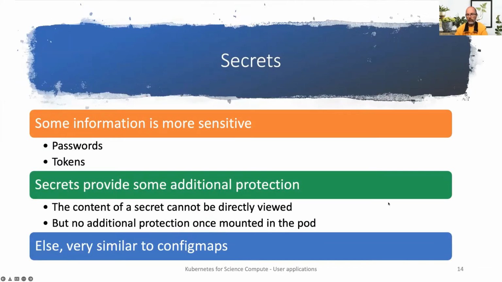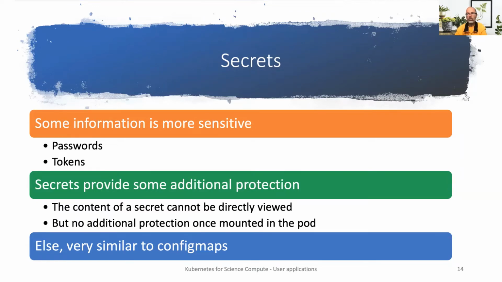Okay. And finally, as I mentioned before, there are secrets. Because some information is just more sensitive, like passwords or security tokens. You want them to be a little more protected than standard config maps. So the secret object provides some additional protection. You cannot see what's inside a secret object with kubectl.